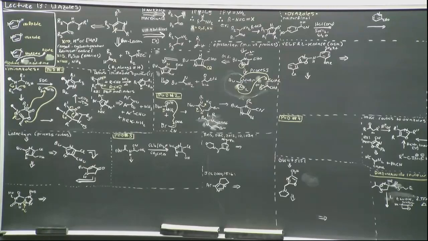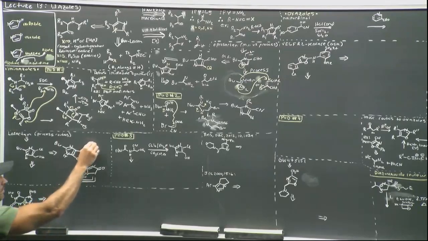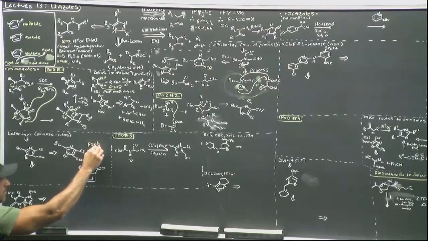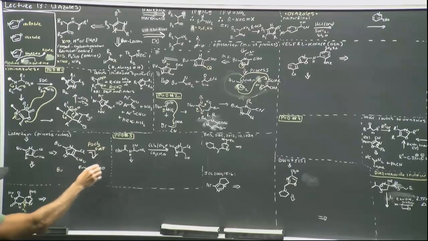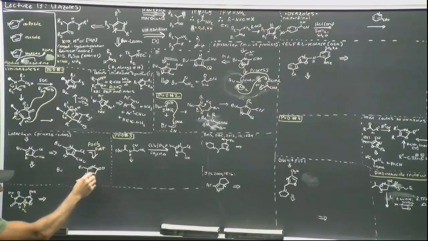So you break the lower CN. Sorry, Nick, what do you do? You disconnect the CN bond. Got a lot of CN bonds. This one? Yeah. Any other ones?